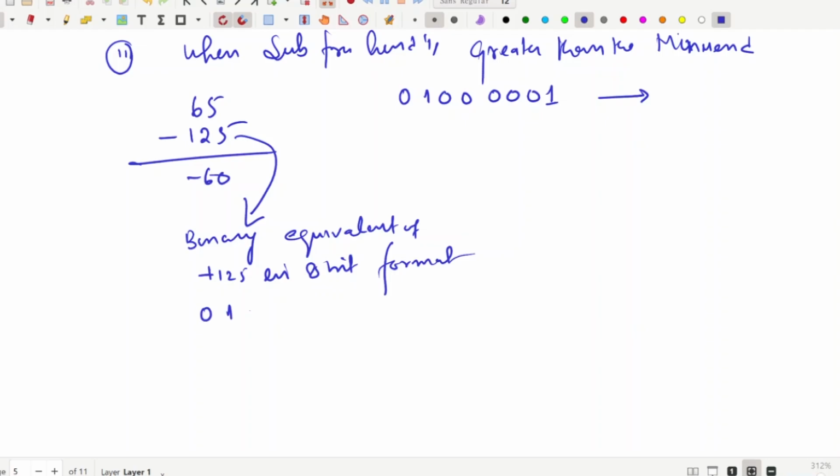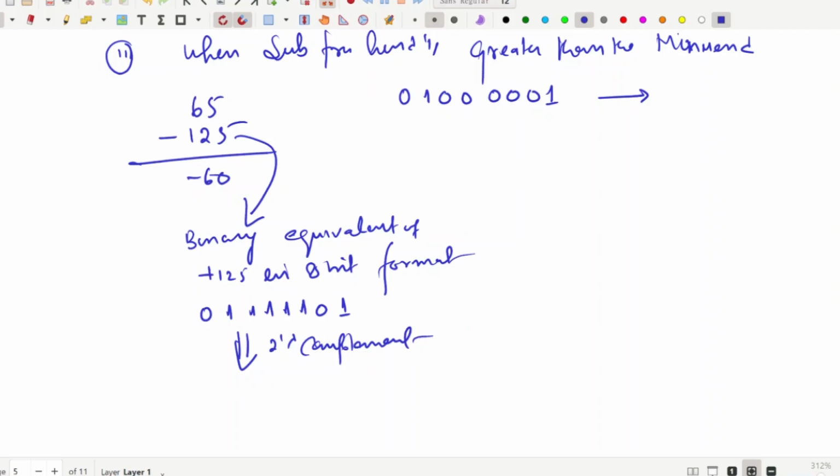And then, for finding the binary equivalent of minus 125, we simply take the 2's complement of it. Taking the 2's complement means we start from the least significant bit up to the first non-zero bit, and those digits are retained as they are. So this is 1, and then every 0 is replaced by 1, and every 1 is replaced by 0.